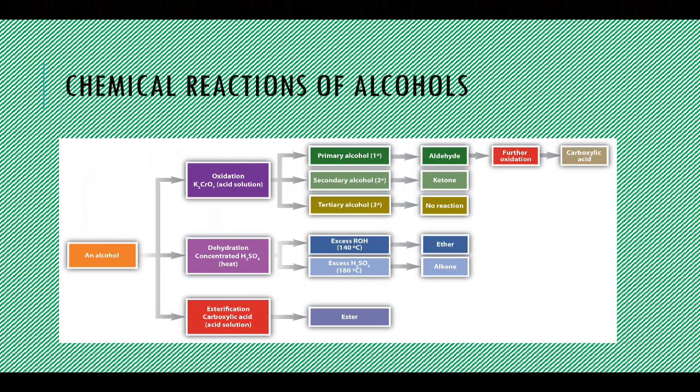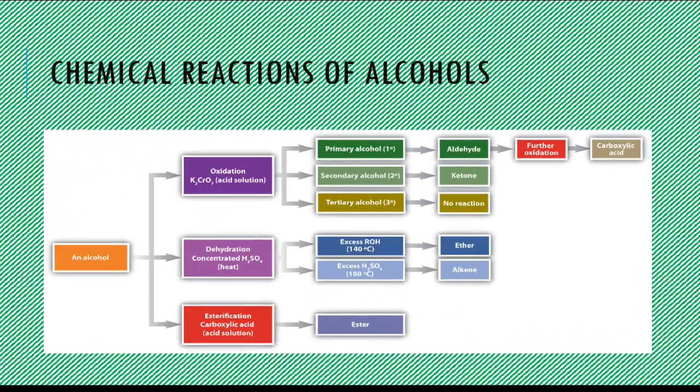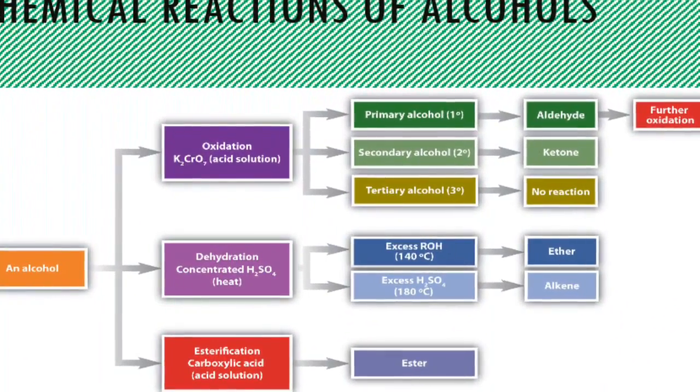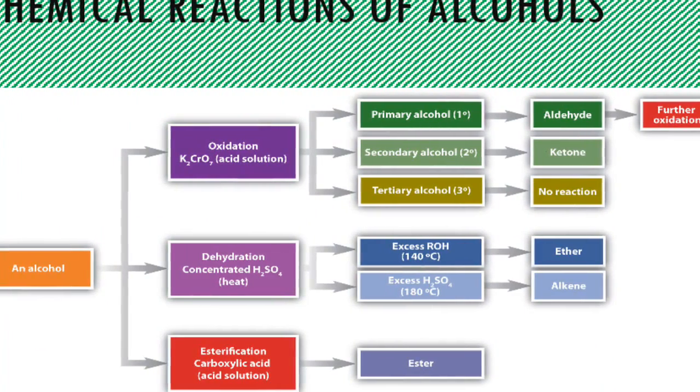Now some of the chemical reactions that are shown by alcohols. Alcohols on oxidation with acidified potassium dichromate: if you take the primary alcohol, you will get the aldehyde.